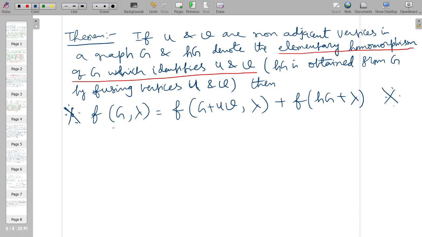So it will get reduced to it, and from that you can find the chromatic polynomial of the given graph G.